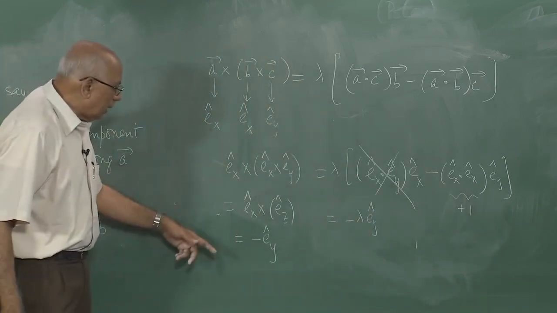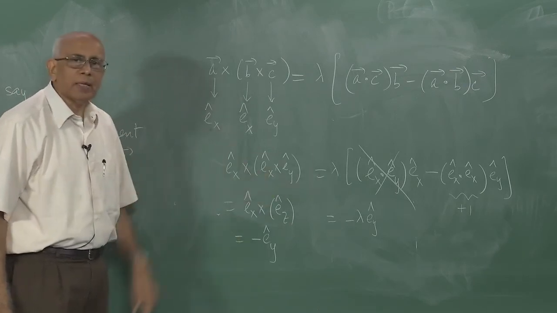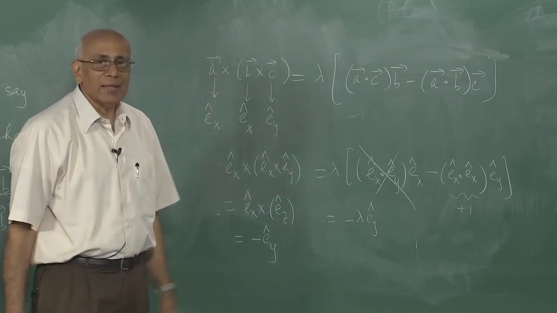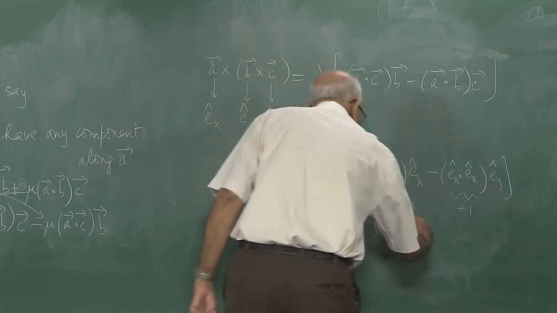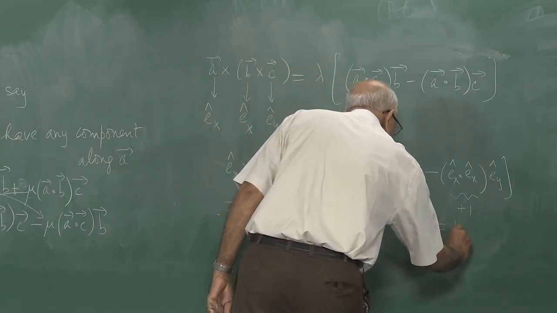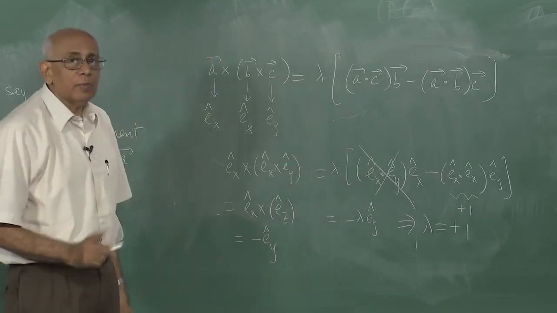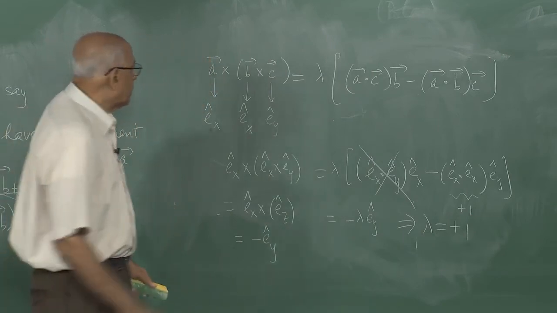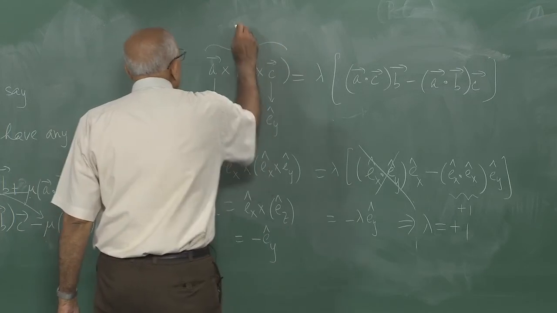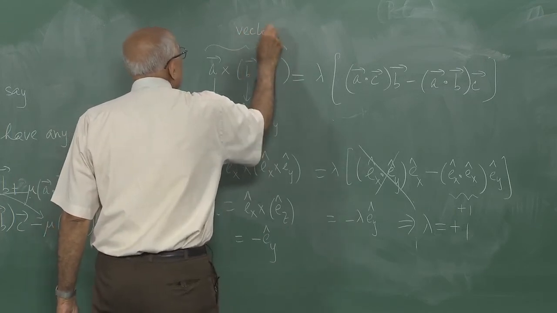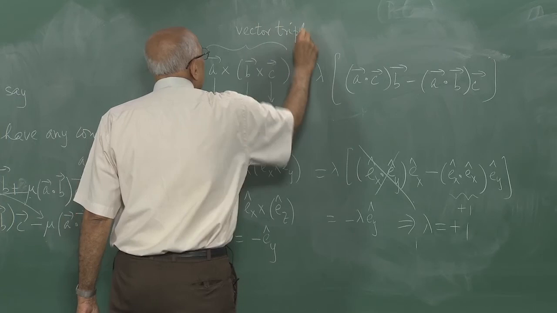So we have got the result that minus Ey is minus lambda times Ey, and that is not a very hard equation to solve. This implies of course that lambda is equal to plus 1, and therefore we have a general formula for the vector triple product. By the way, this thing is called a vector triple product.